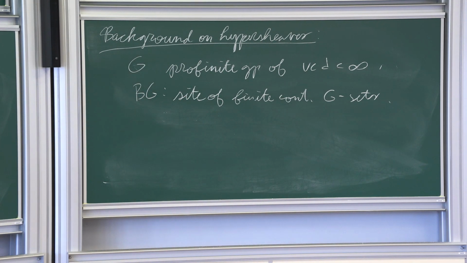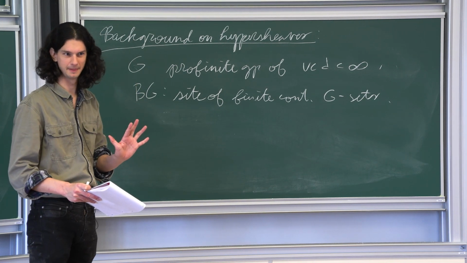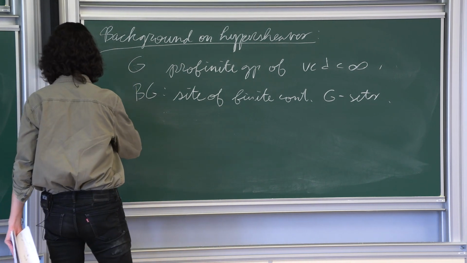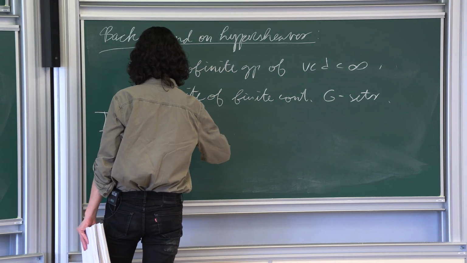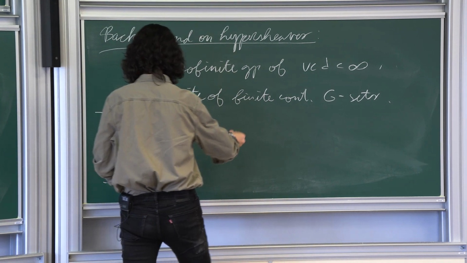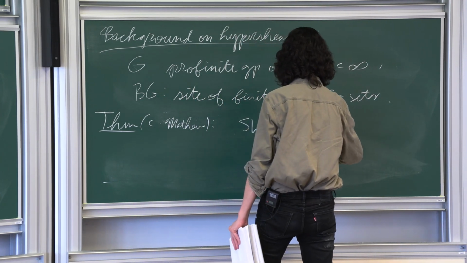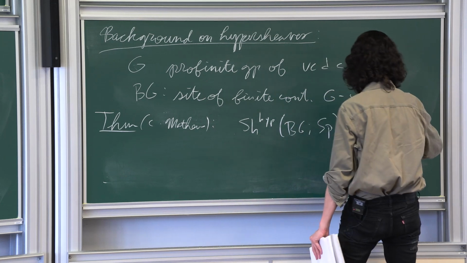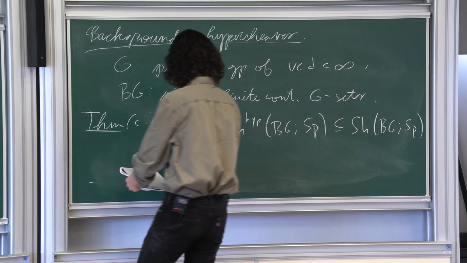So Akhil, Matthew, and I studied this question of sheaves versus hypersheaves in some detail in an article of ours. Let me just give you the most important conclusion for the purposes of the story. Theorem, Clausen, Mathew. The hypersheaves of spectra on this, which is a full subcategory of ordinary sheaves, has a lot of closure properties.